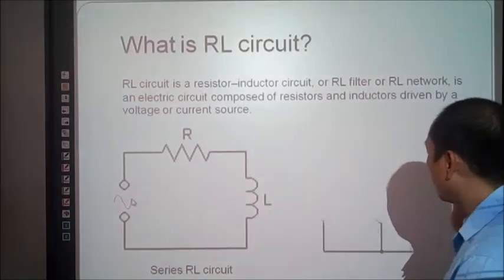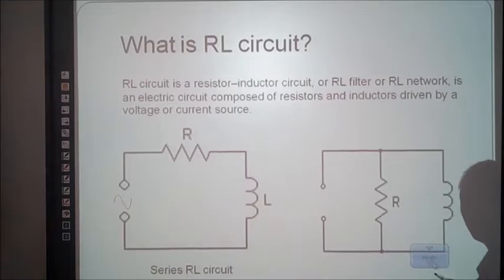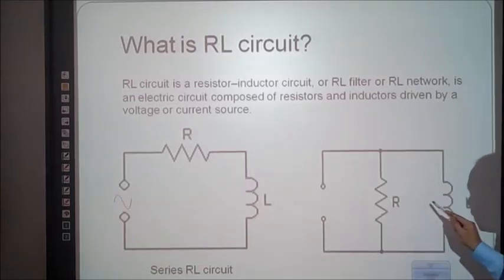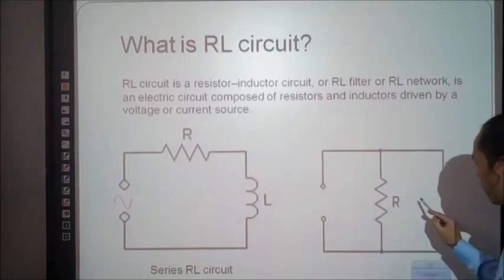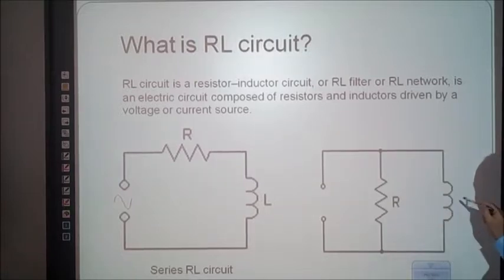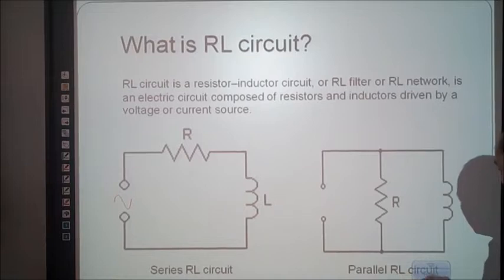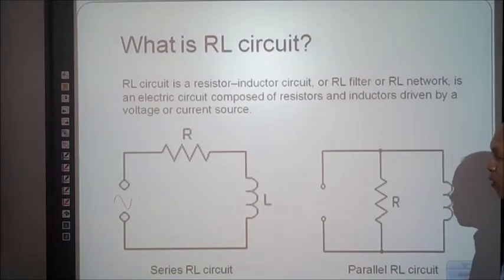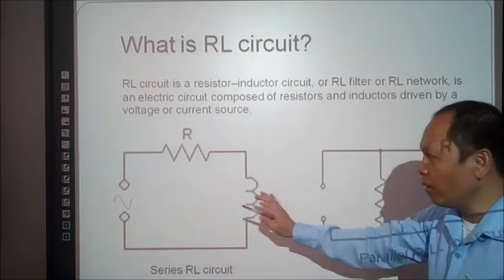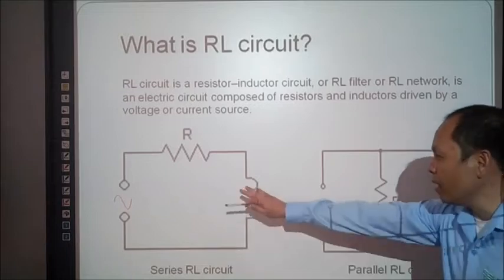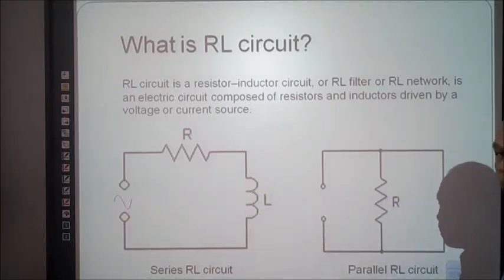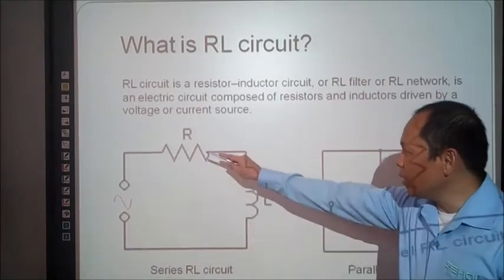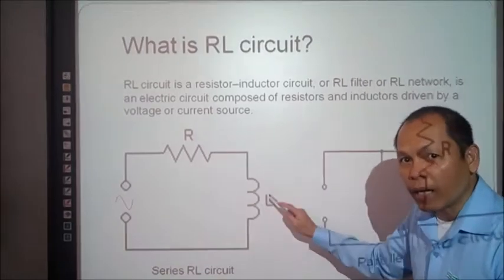And the other one we have here is a parallel circuit. This is an RL circuit, and this is called a parallel RL circuit. So these two circuits are different. Series and parallel are different, but they are using a resistor and an inductor.